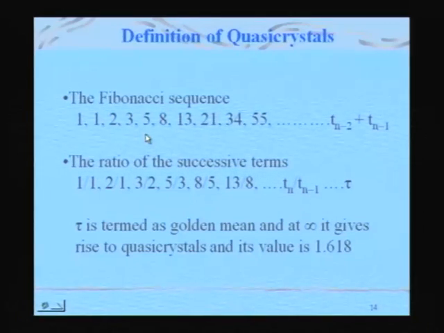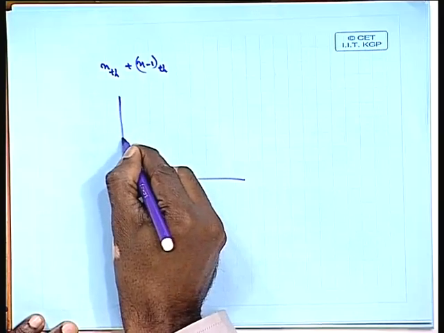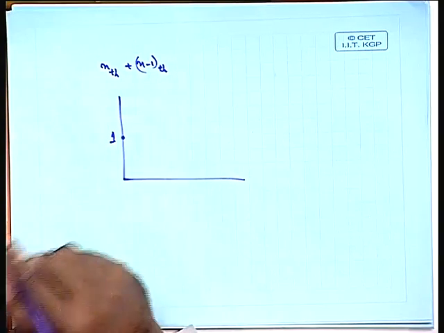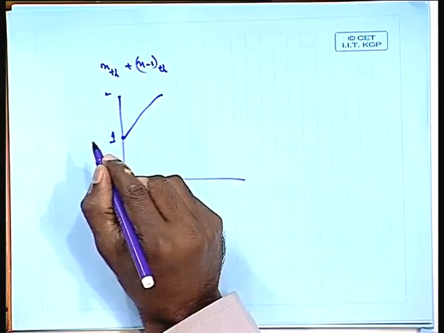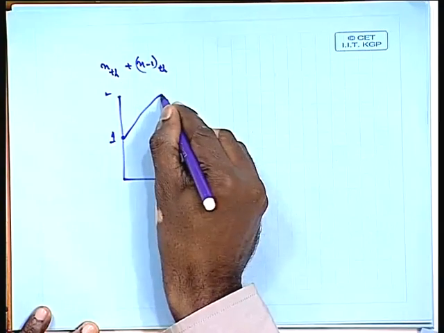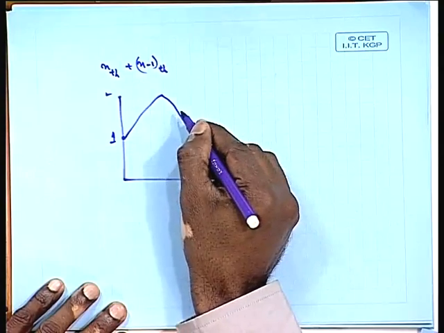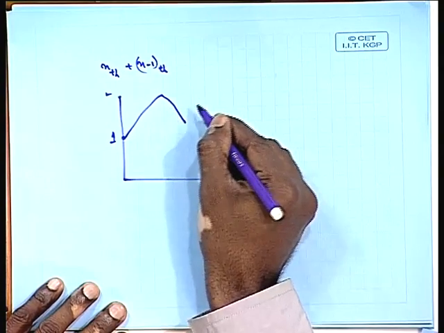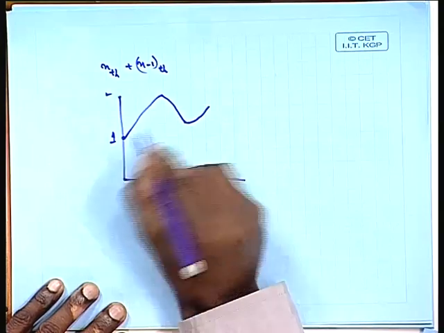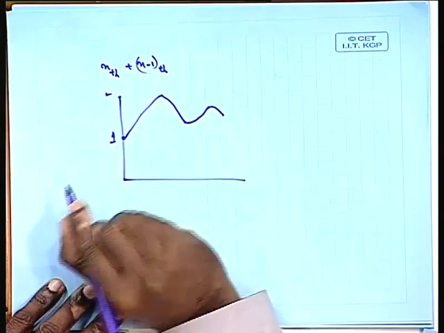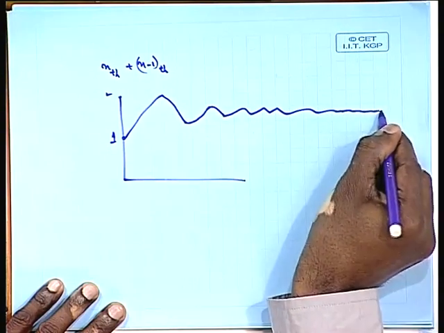First it is 1, then it goes to 2, then it becomes 3 by 2, that means it comes to 1.5, then it goes to 5 by 3, 5 by 3 is how much? 1.66, so it goes up again, then 8 by 5 is 1.6, it comes down, and keeps on fluctuating like this, and finally it becomes constant.